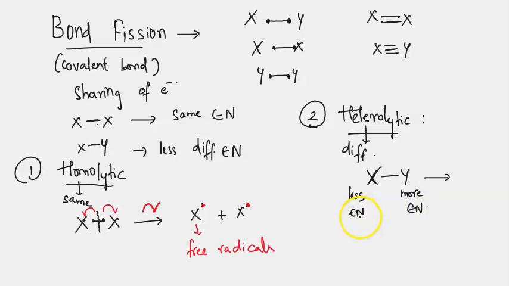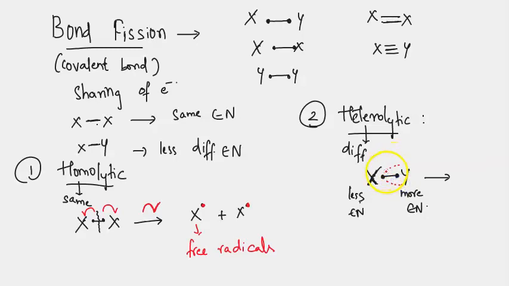What is electronegativity? It is the tendency to pull the electrons between the two atoms more towards itself. Since X is less electronegative, it has less capacity to pull the electrons. Since Y is more electronegative, it has more capacity to pull both of these electrons towards it.